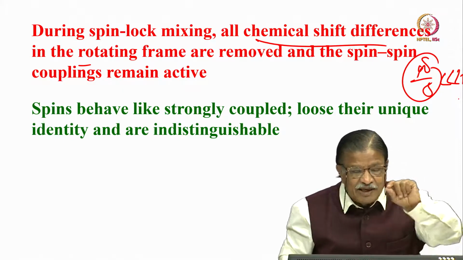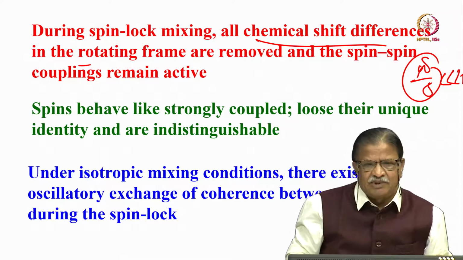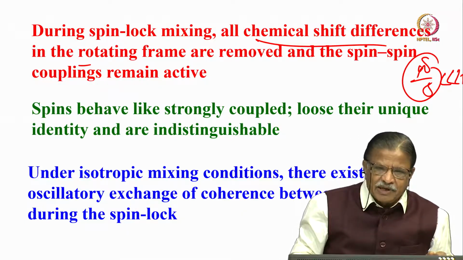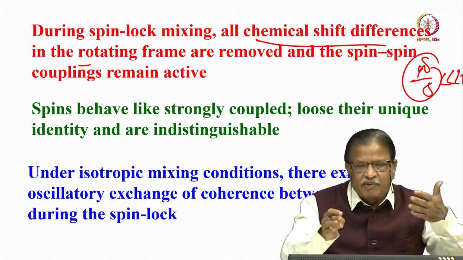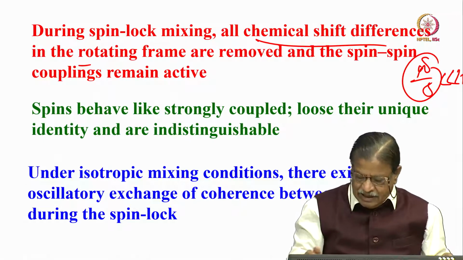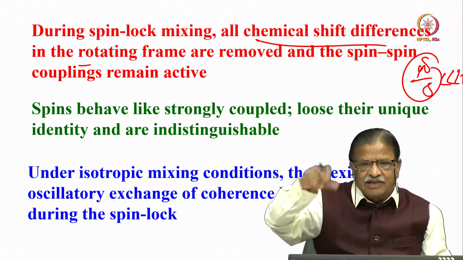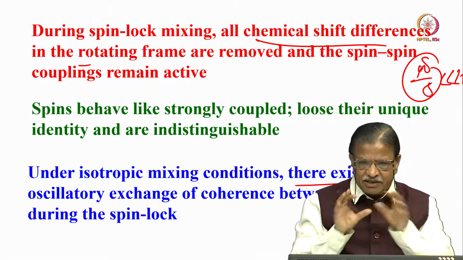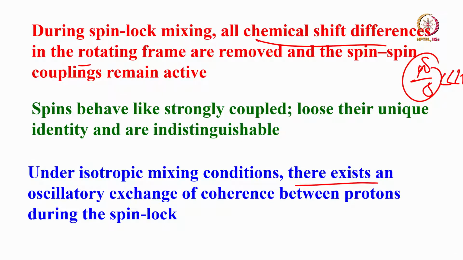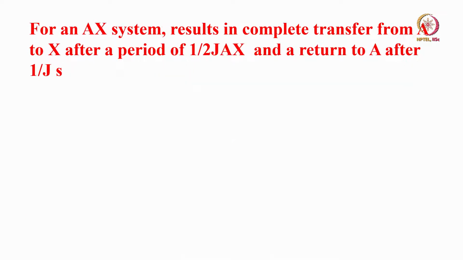Now you are forcibly creating a strongly coupled spin system under isotropic conditions. So spin lock creates an isotropic mixing condition, and there exists an oscillatory exchange of coherence among the coupled spins. Spins are exchanging energy, exchanging coherence, although there are no chemical shifts during the spin lock.